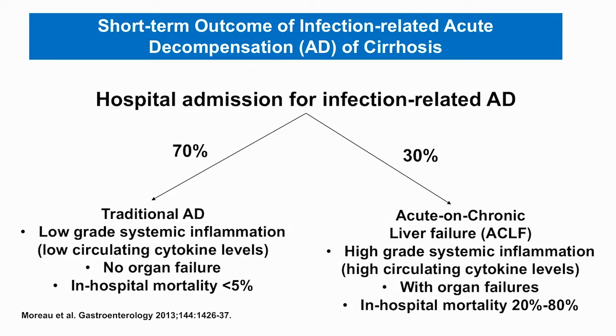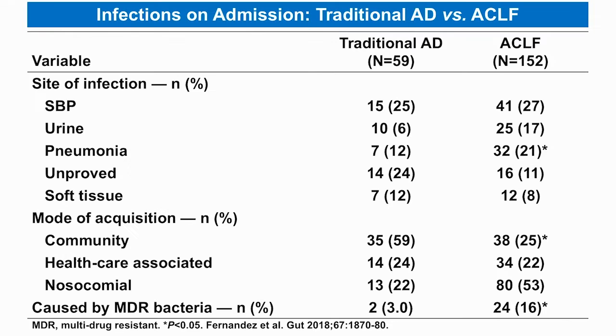Yes, but do we have an explanation for the cytokine storm in these patients with ACLF? I would like to remind you of results already described by the previous speaker, but this is a reanalysis of the CANONIC results by Javier Fernandez with the angle of infection.